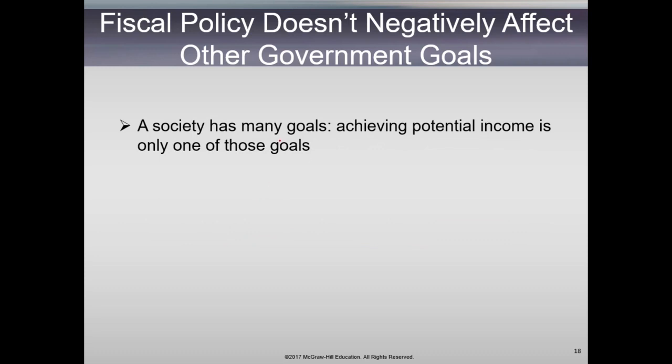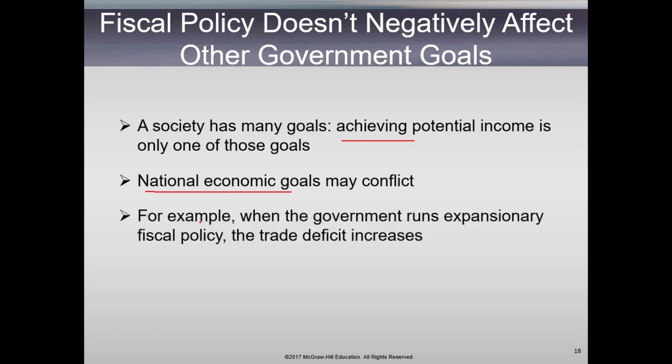So a society has many different goals, right? Achieving potential GDP is just one of them. And these other national economic goals, like balancing the trade deficit, will conflict with fiscal policy and the goal of achieving potential income.